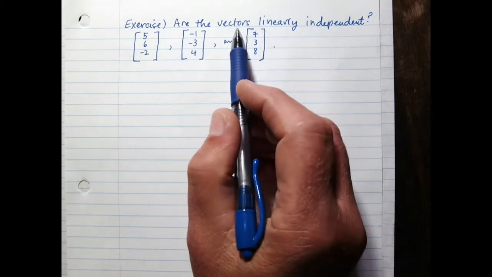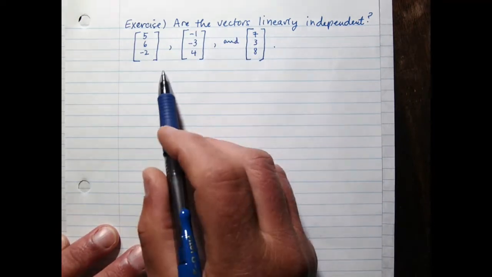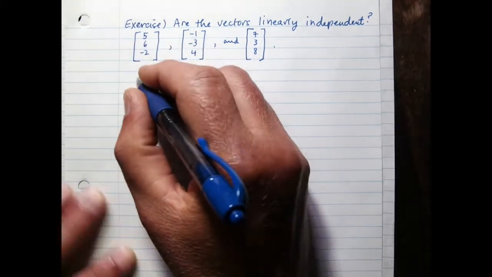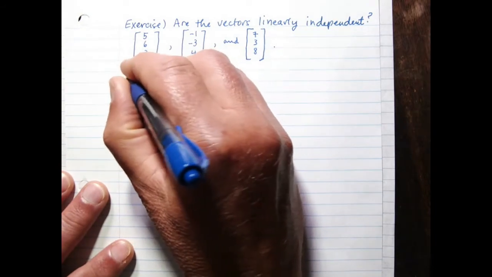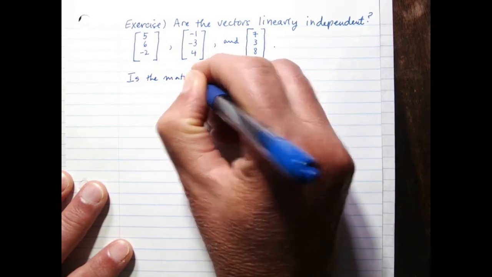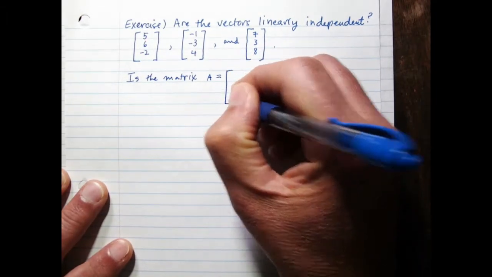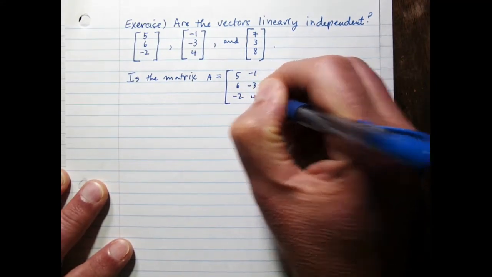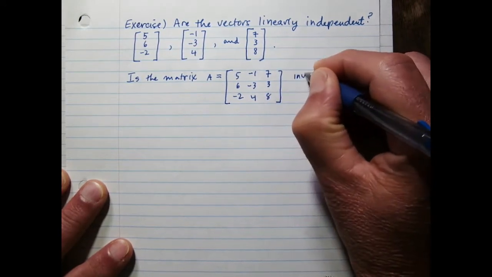In fact, there are many paths you could take to try to show these vectors are independent or dependent. One approach we could take: is the matrix, let's just say A, with these vectors as columns, 5, 6, -2, -1, -3, 4, 7, 3, 8, invertible?